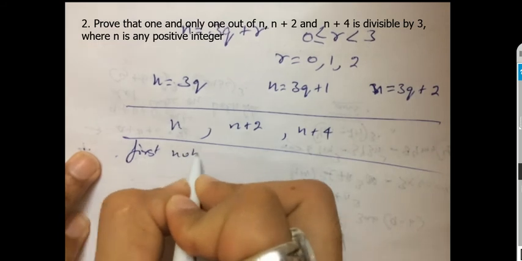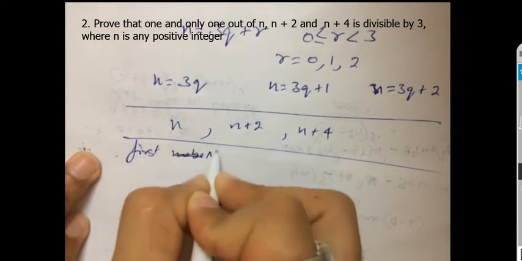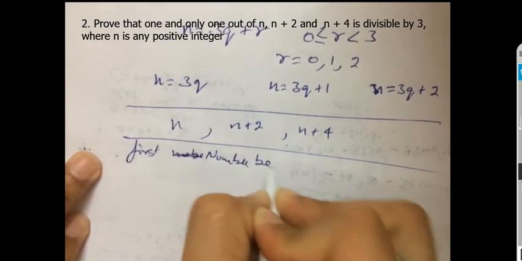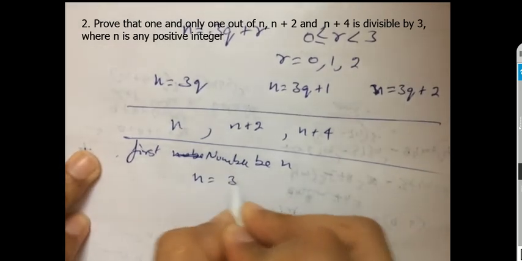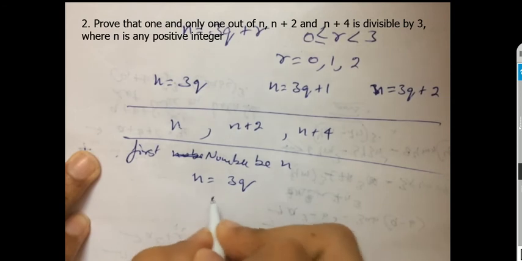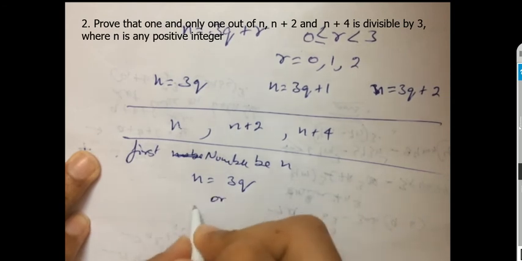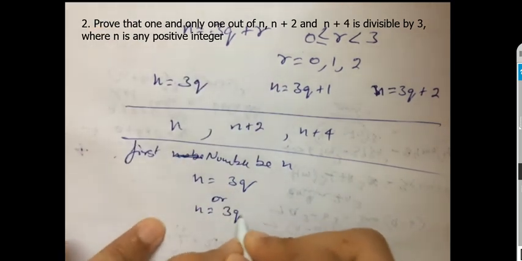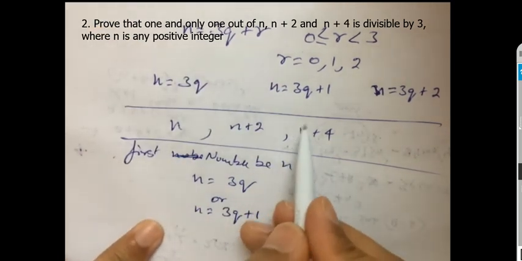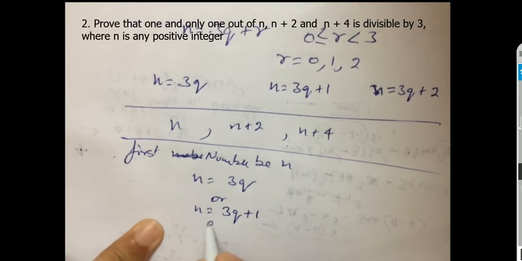Let the number be n. If the number is n, then n will be equal to 3q, or n will be equal to 3q plus 1, or n will be equal to 3q plus 2.